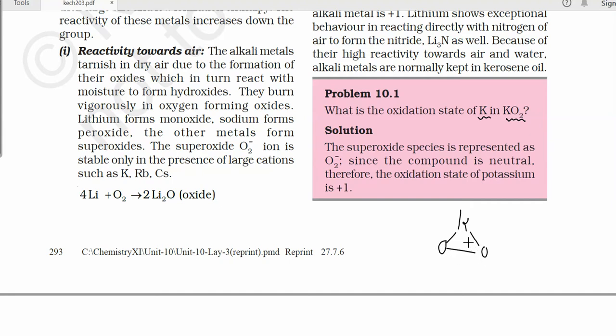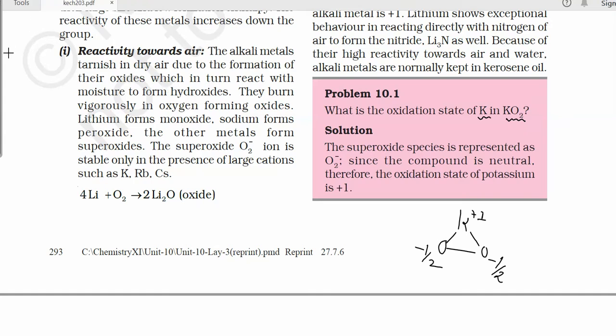Due to this, the oxygens each have a minus 1 by 2 oxidation state, and the potassium has a plus 1 oxidation state. Since the compound is neutral, the oxidation state of potassium must be plus 1, as O2 has a charge of minus 1 only.